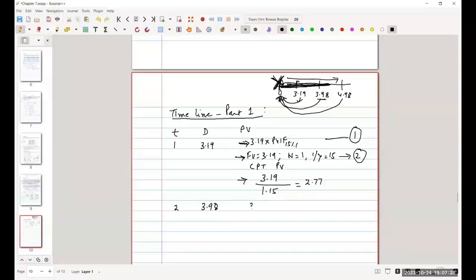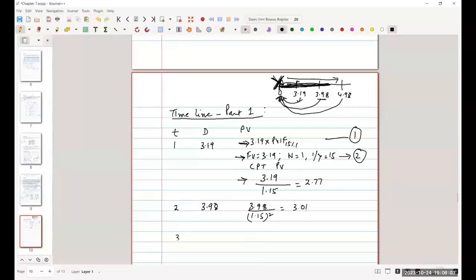I am just doing this randomly. I'm picking 3.98 divided by 1.15 to the power 2. If I do this on my calculator, what will I get? 1.15 to the power of 2 is 1.3225. I'm going to take a reciprocal of that and multiply this with 3.98. That gives me $3.01 approximately.